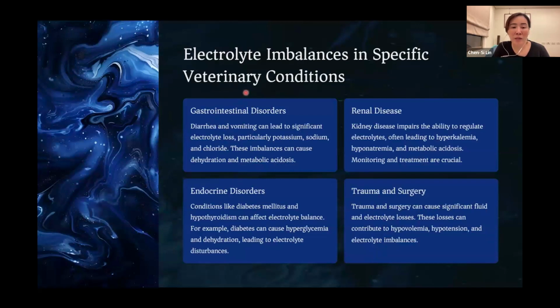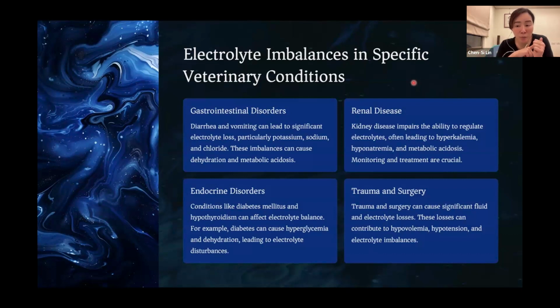What we mentioned in the previous slide is that kidney problems and GI system problems may result in electrolyte imbalance. For GI problems, if severe diarrhea and vomiting occur, it will result in electrolyte imbalance, especially potassium, sodium, and chloride.